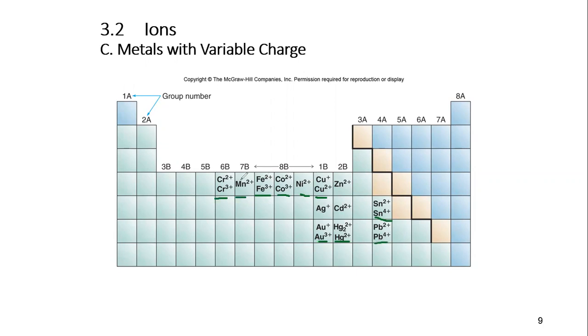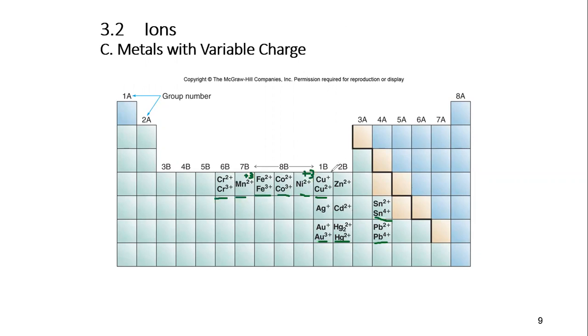For manganese and nickel, it just shows the most common one, but nickel can be a +2 or a +3, and manganese can be anywhere from +2, +3, +4, +5. So with metals with variable charges, we have to identify the charge with a Roman numeral. So whenever you see a Roman numeral after a metal, it's telling you the charge of the cation.